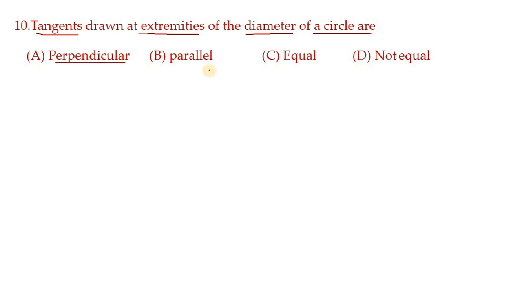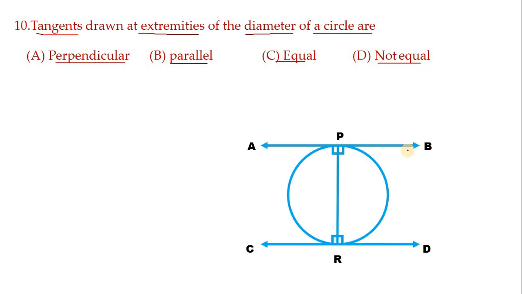Tangents drawn at the extremities of the diameter of a circle are: perpendicular, parallel, equal, not equal. Children, let me draw a suitable figure to help you understand. See, in this figure, PR is the diameter, and tangents drawn at the extremities of the diameter means here I have drawn AB tangent through the point P. P is an end point of the diameter and R is the other end point of the diameter.